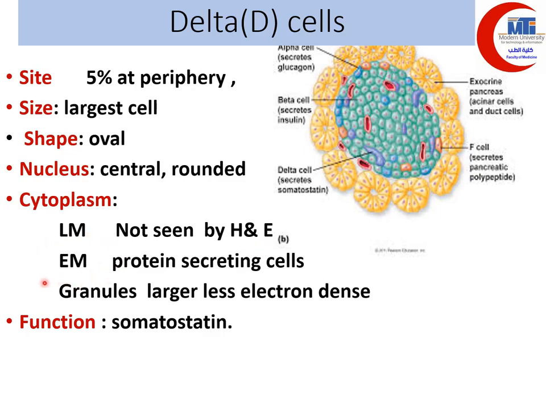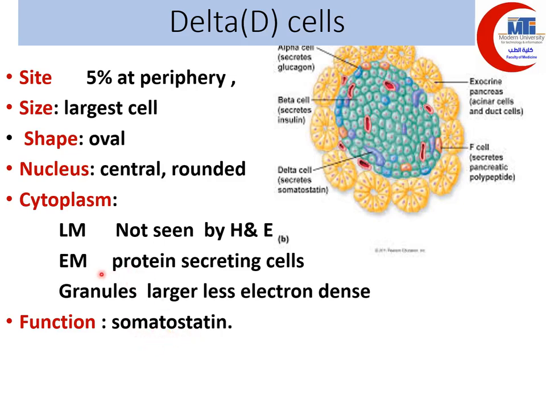The electron microscopic picture of delta cells is that of protein secreting cells, as these cells secrete somatostatin, which is protein in nature.